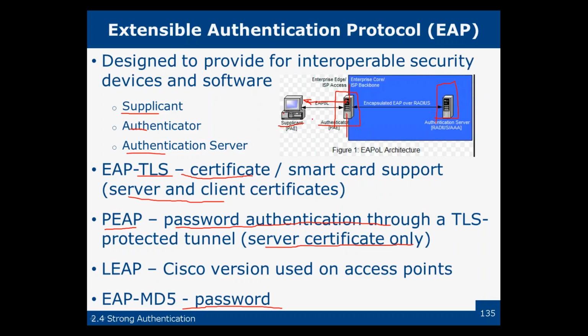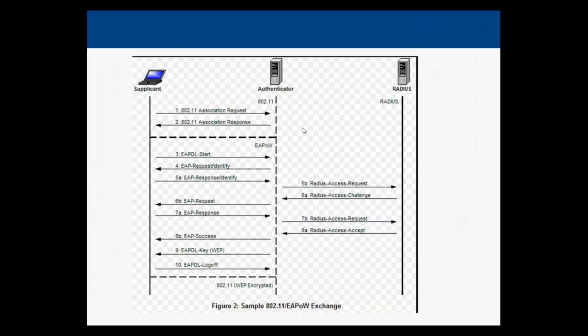What we're going to do here is set up a secure connection. Let me go to the next slide. What we have here is an 802.11 association request, associating with the wireless access point.